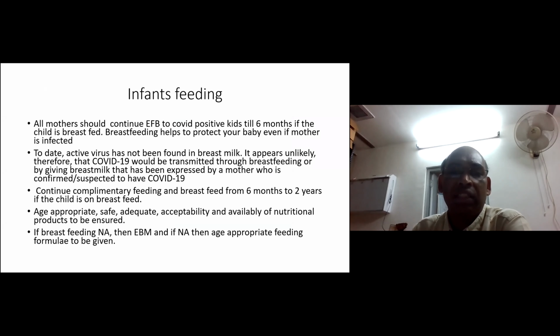For a child more than 6 months, complementary feeding appropriate for the age must be continued, and breastfeeding after 6 months must also be continued, along with all complementary foods which are appropriate, safe, adequate, and acceptable to the child and available in the RCS2.